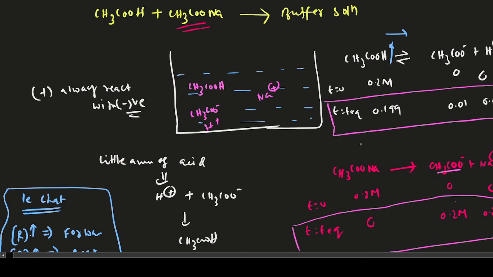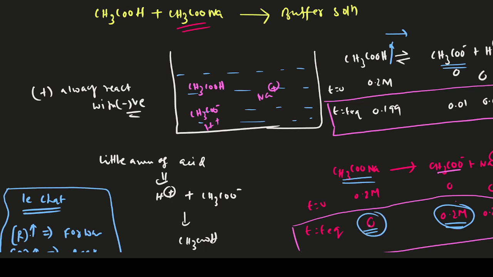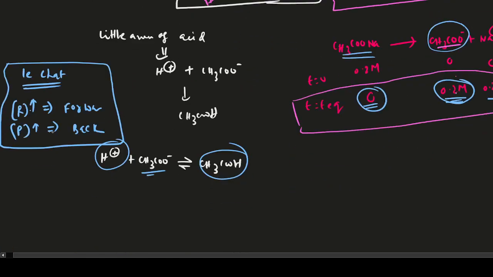But the problem is, this concentration is already high because of the common ion effect, because this is a strong electrolyte, so it dissociates completely into this one and this one. So this value is very high, which means the concentration of product is already very high.